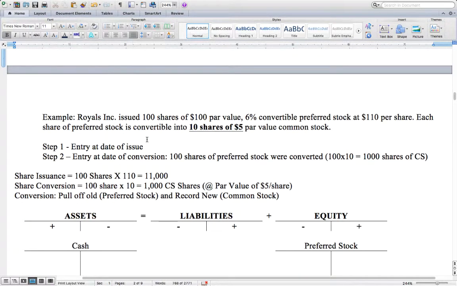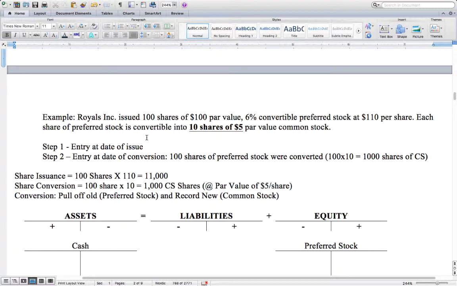Let's go through an example. Royals Incorporated issued 100 shares of $100 par value, 6% convertible preferred stock at $110 per share. Each share of preferred stock is convertible into 10 shares of $5 par value common stock.